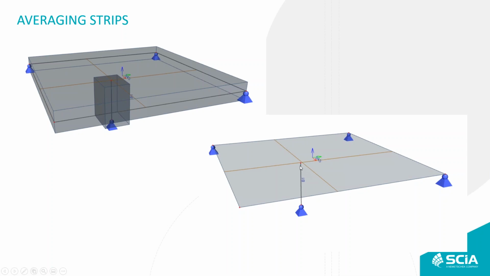And as you can see, the actual contact here in between slab and, in this case, column actually is done on a single node.